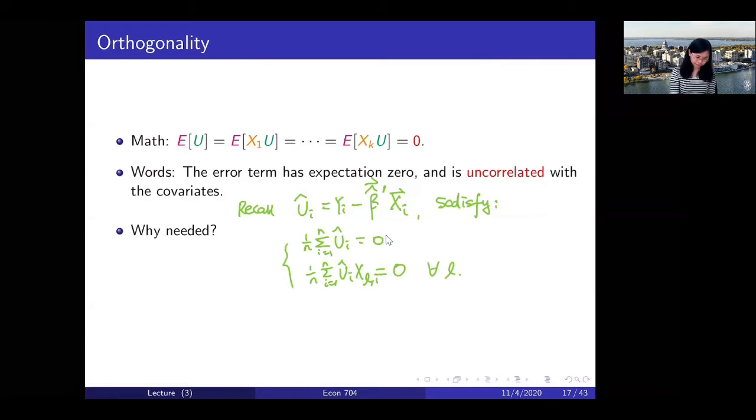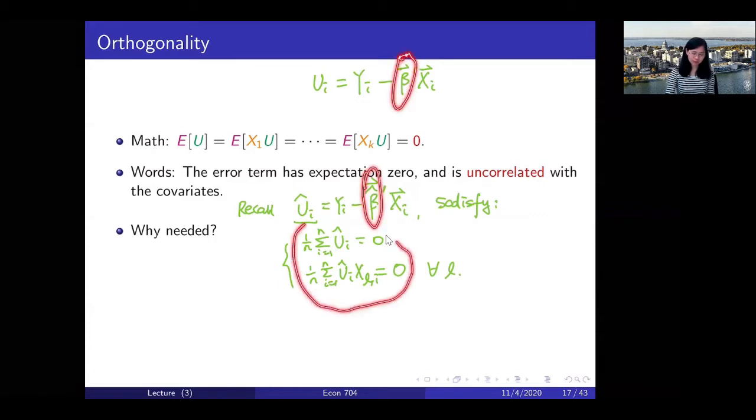So the regression residual is y_i minus beta hat prime x_i vector, and the error term, remember, is quite analogous to that, is y_i minus beta vector prime x_i vector. Now, if we want this to be close to that, it's reasonable to believe that those properties are also holding in population for the u_i.